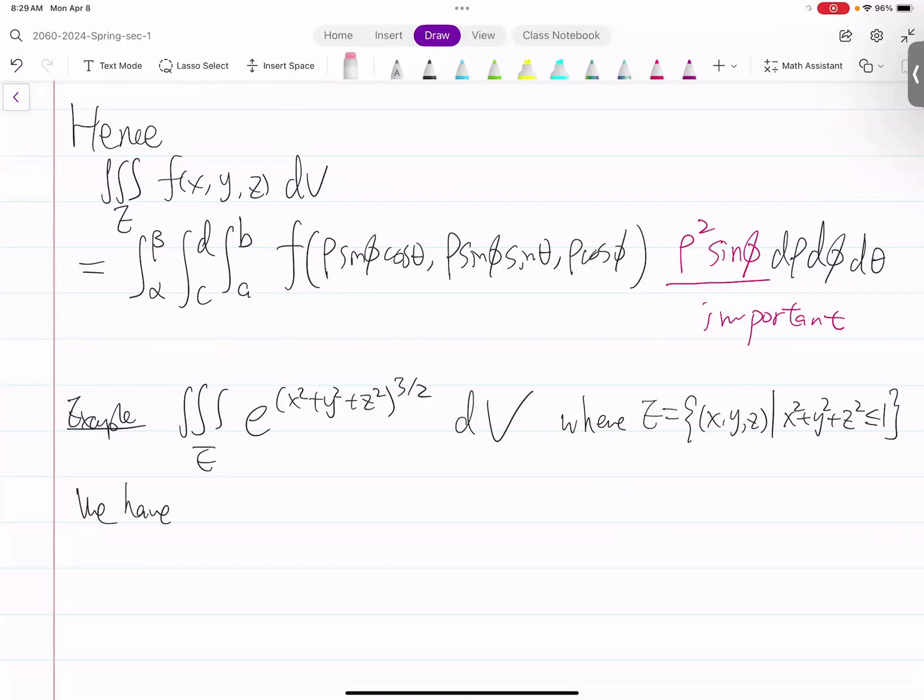So we have E to be the set of all tuples rho, theta, phi such that, so now this is definitely a rectangle, so the order doesn't matter that much. So rho is between 0 and 1, theta is between 0 and 2 pi, and phi is between 0 and pi.